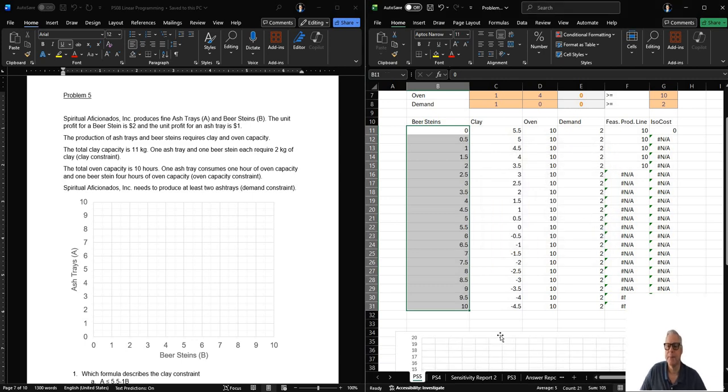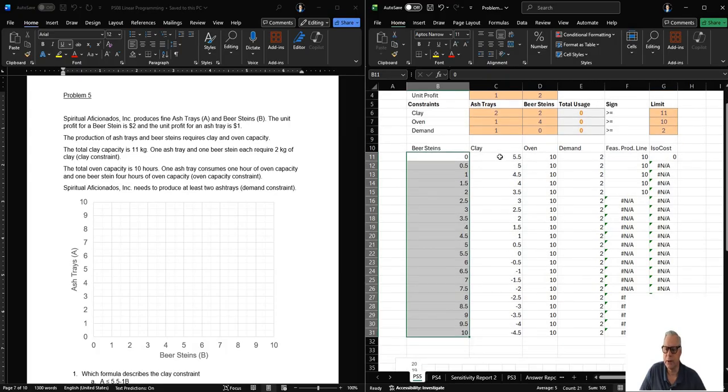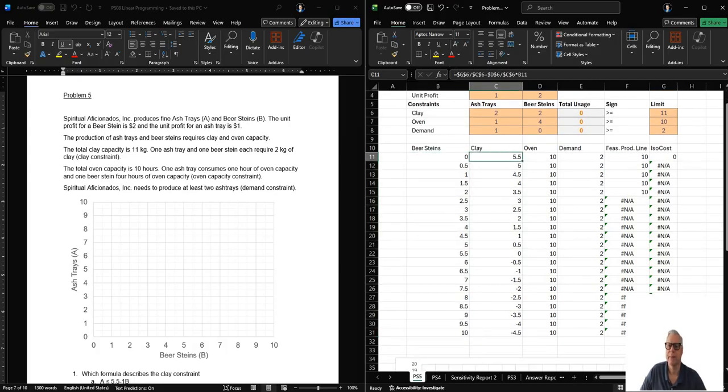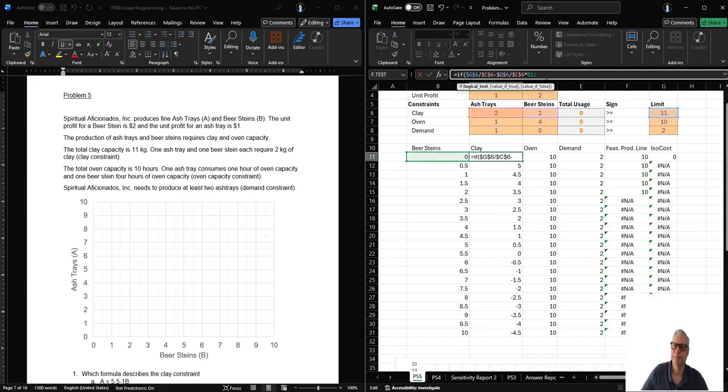Okay. And again, I want to avoid those negative numbers. So I put an if command around. If this is less than 0, then enter number not available, but otherwise use this formula.